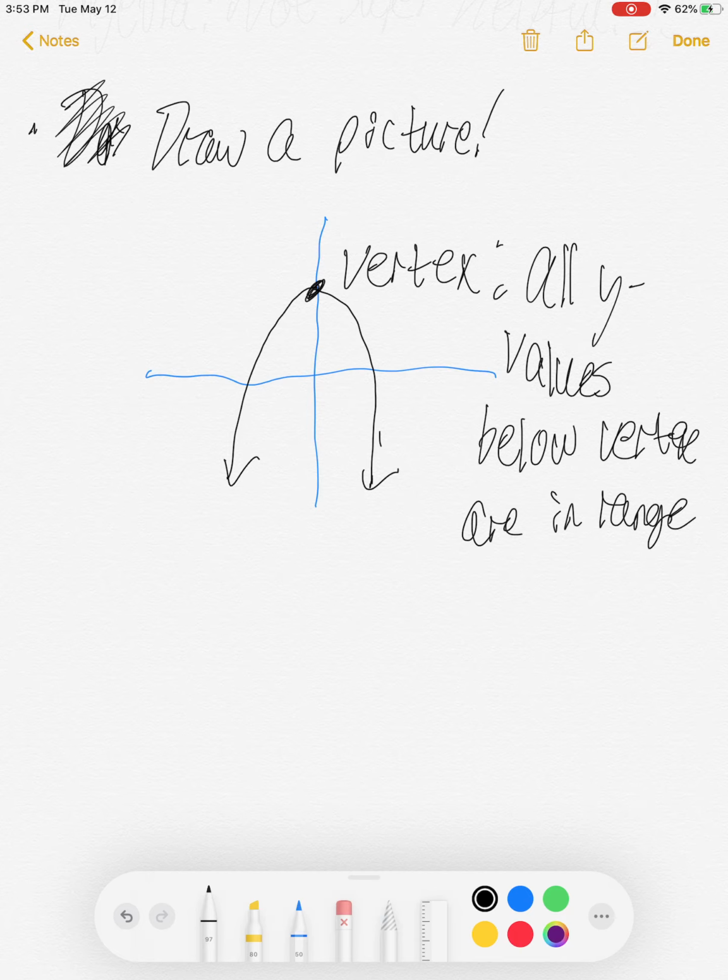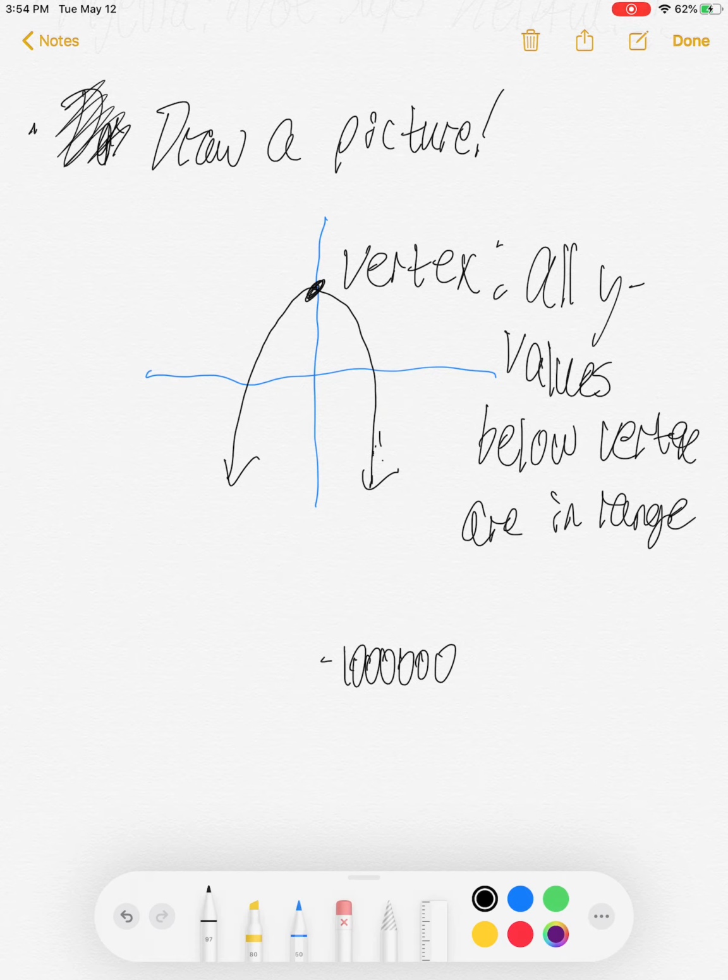Because, for example, eventually this thing is going to go down to like negative 1 million, right? There's going to be some point on this curve with the y-coordinate negative 1 million.